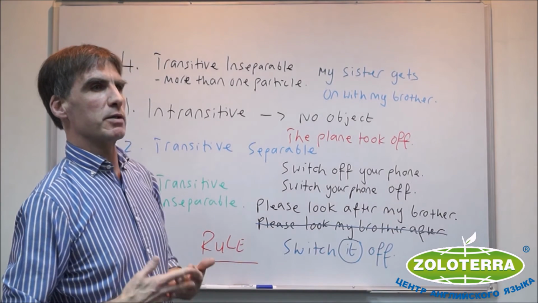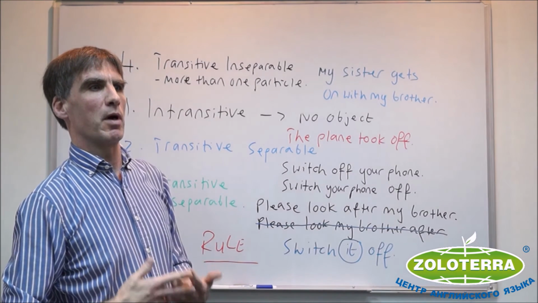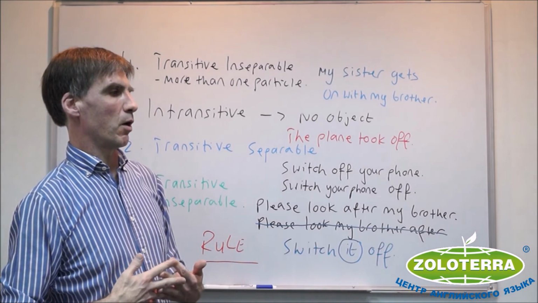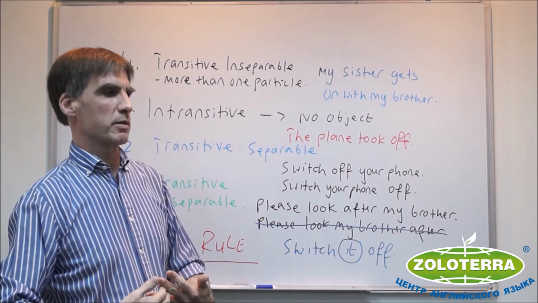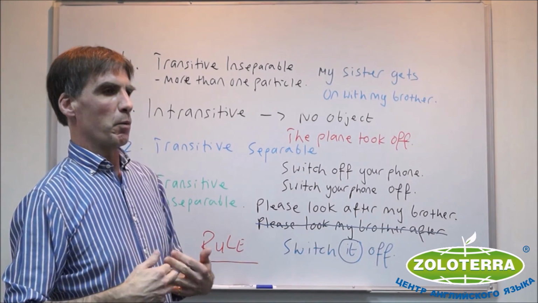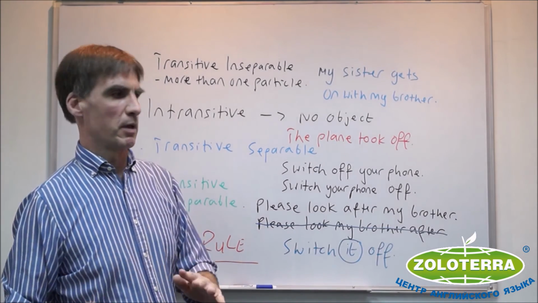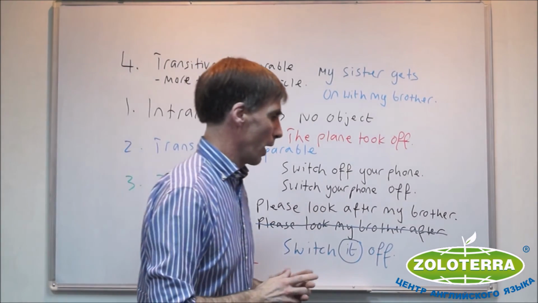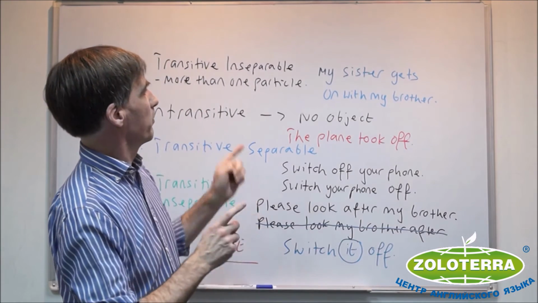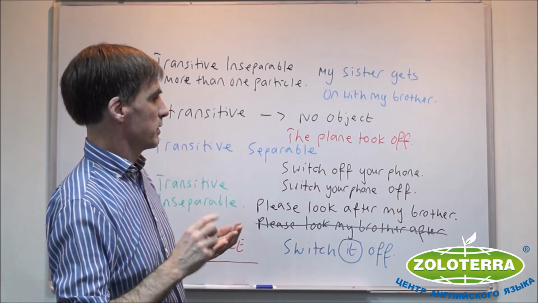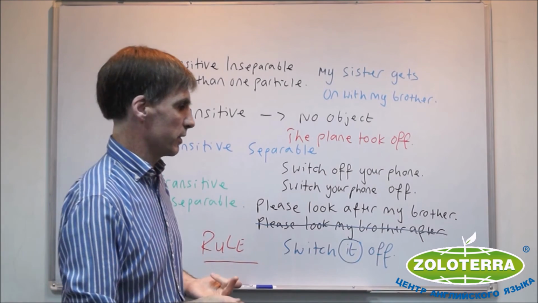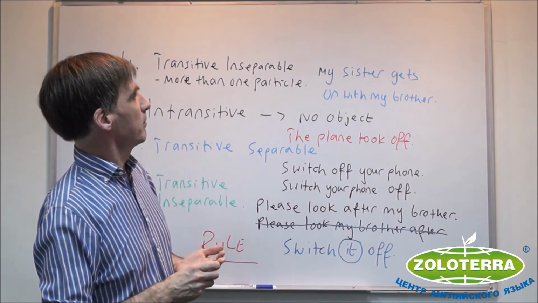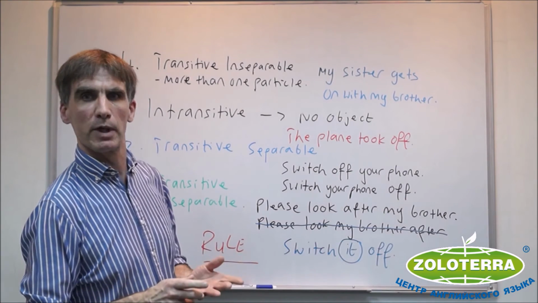My brother takes after my father. It means they have similar characteristics or similar appearance, features. But take after, the meaning is not literal. It's not easy to understand simply from the verb and the particle. So sometimes literal, sometimes figurative. It's learning to understand the meaning of the phrasal verb from the context.